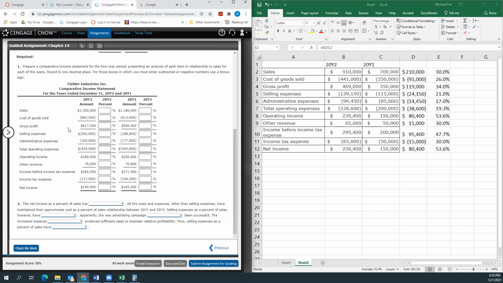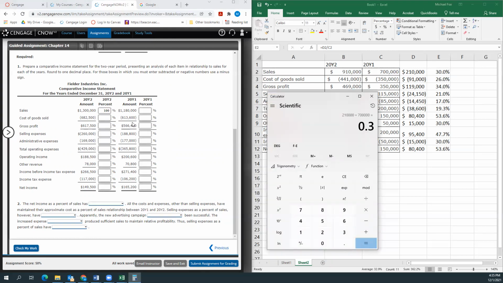So again, we could do this with a calculator if we wanted to, where we could, in essence, just take each item and divide it by sales. In fact, I'll do that for this first one. So this would be 100% because 1.3 million divided by 1.3 million.